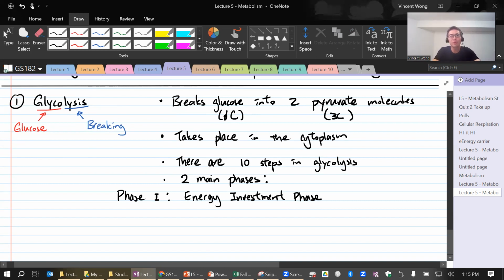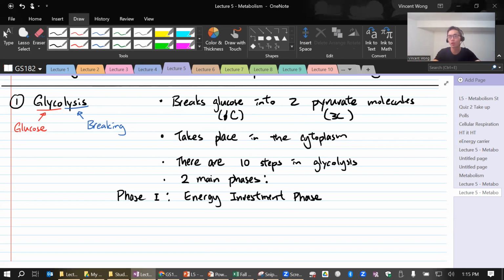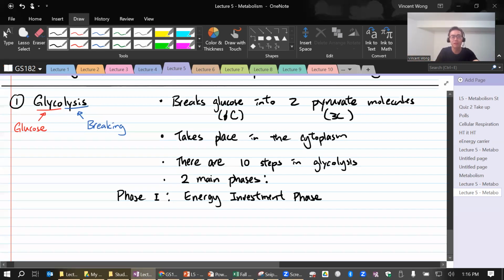The glucose doesn't really want to react. You might remember in lecture 2 we talked about activation energy, the energy you need to supply for the reaction to happen. So glucose is not going to react on its own. You need to prime it a little bit, charge it up with some energy before it's going to react. That's what the first 5 steps are.